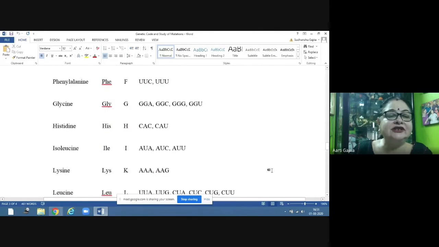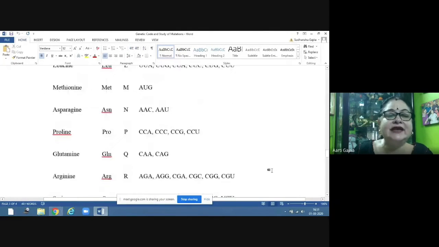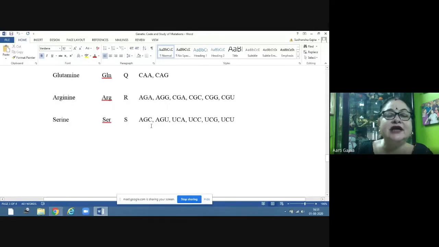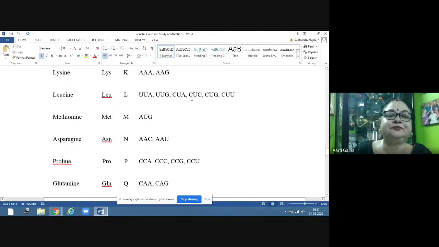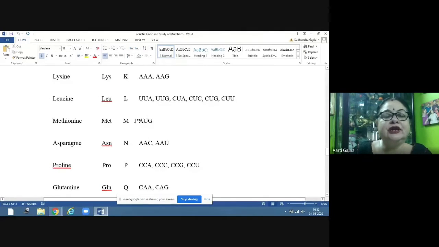So these are the 20 amino acids, these are the symbols, and these are the codons which are coding for them. And this AUG is the special codon which is called the start codon, and it is starting the process, and at the same time it is coding for the amino acid methionine.